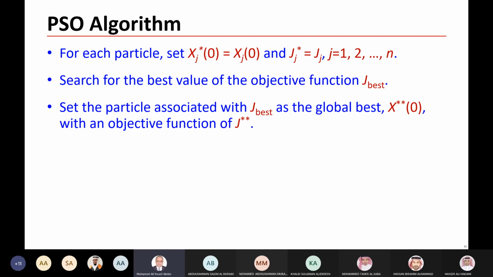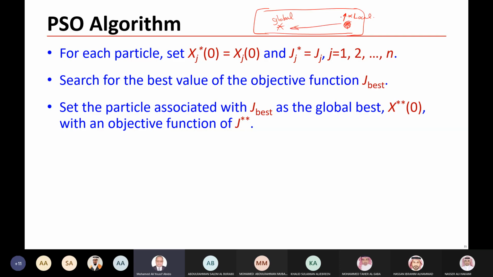And when you update the velocity of each particle, this is the search space, the particle is here, and after some iteration, for example, this is the local best, and here is the global best. This particle with this current position will update its velocity based on the local best and also based on the global best.